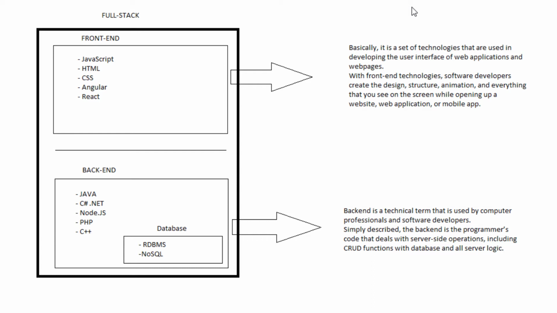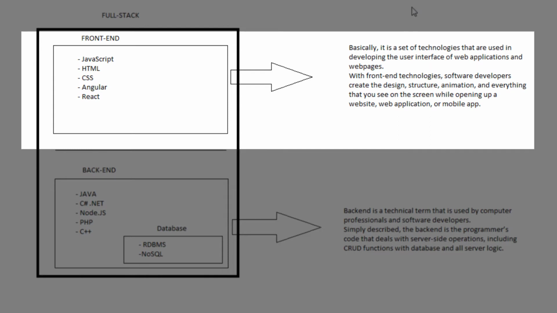So let me explain a little bit further. Basically, what is front end? Front end is a set of technologies used to develop the user interface of web applications and web pages. Software developers on the front end create a design, some kind of structure, or if needed animation, or whatever you see on the screen, which is called the user interface, while opening a website, web application, or mobile application.